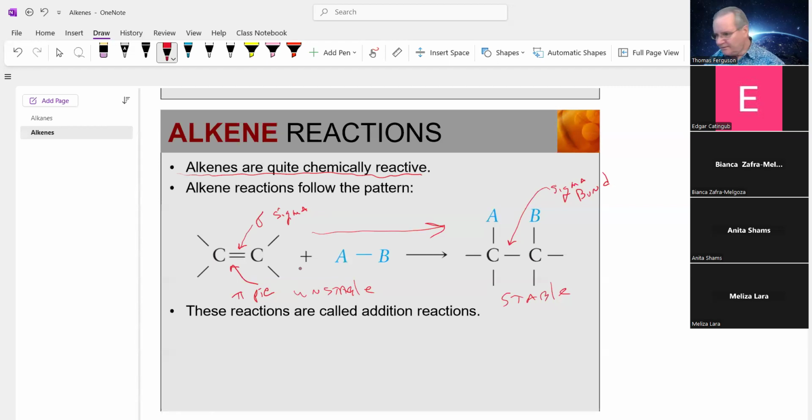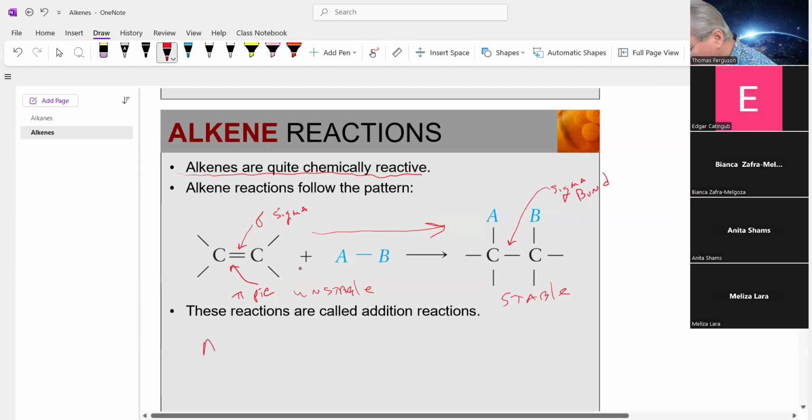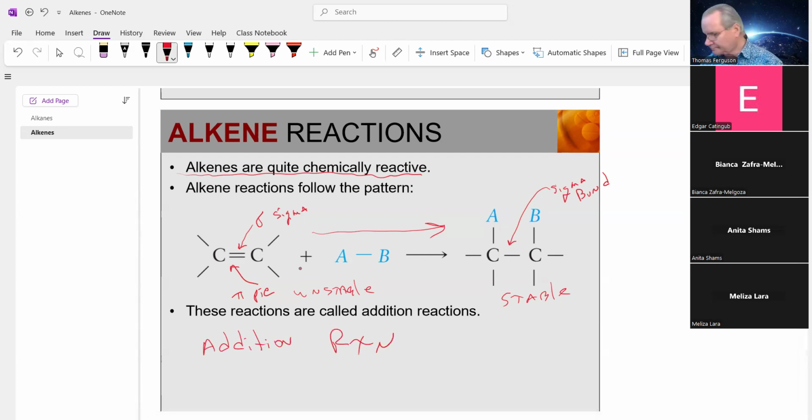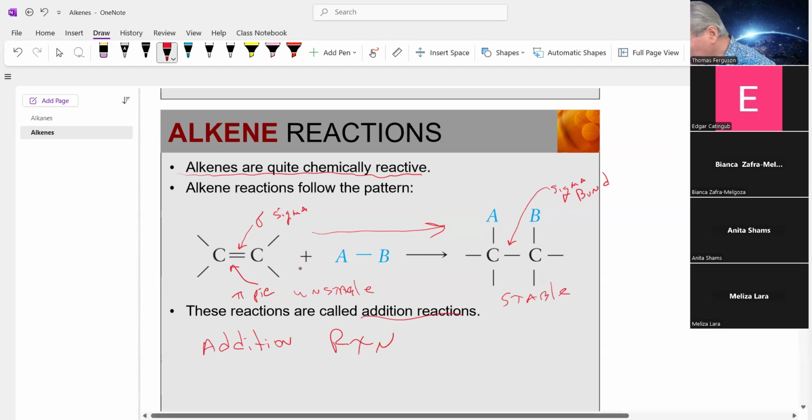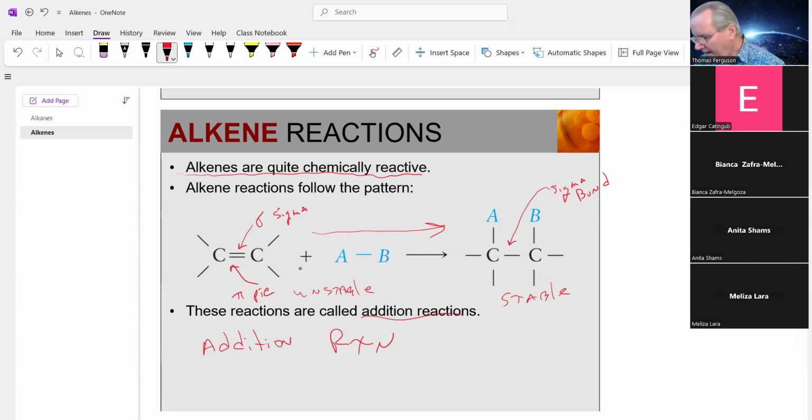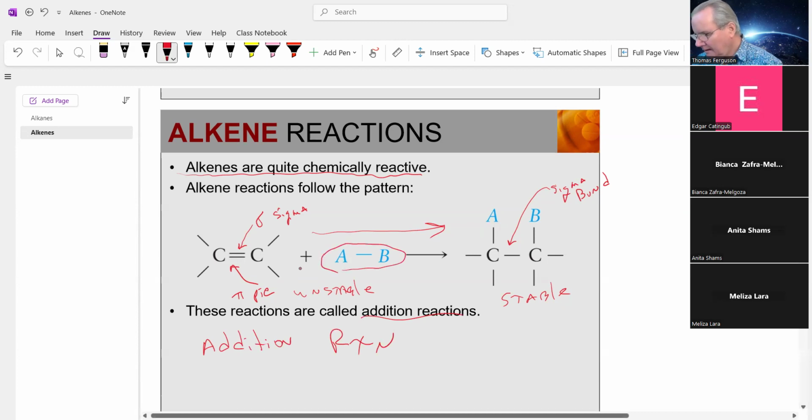Okay, so this is also called an addition reaction, because we're adding across the double bond. Oh, it says it right there. Okay, so we have a binary compound. And it's going to attach across there.